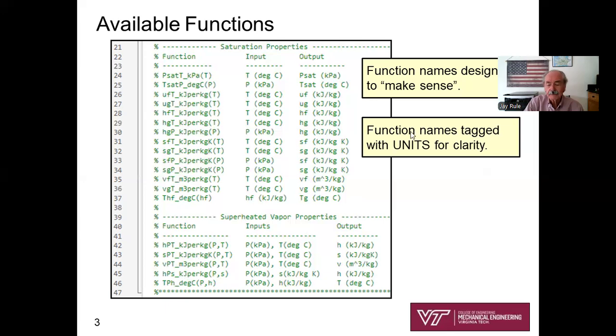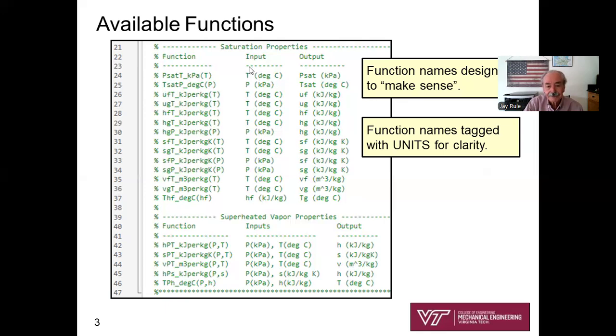Okay, and so some notes before I move on. Since I'm the creator of these functions, I'm able to name them however I like. Let me explain to you. It says function names designed to make sense. For example, the first one, I've entitled PSAT_KPA. To figure out what that means, let's look at the input.